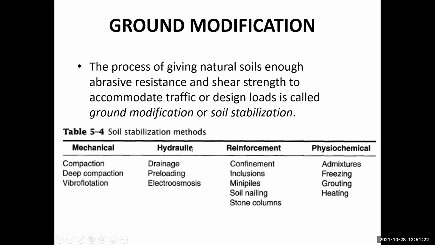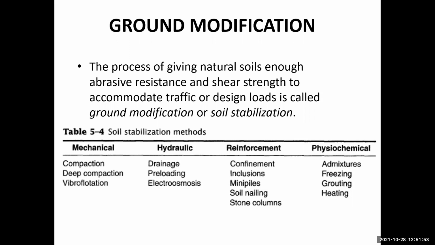The other ground modification methods are the hydraulic, that is the drainage, preloading, electroosmosis. In the reinforcement, we have the confinement, inclusions, mini piles, soil nailing, stone columns. In the physiochemical, admixtures, freezing, grouting, and heating. In your textbook, some small details about these methods have been given over here.